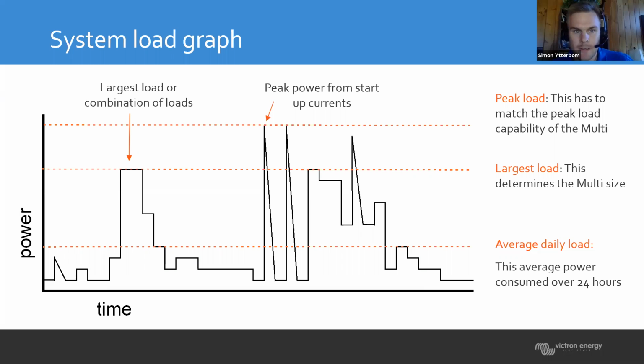The second one would be the combination of what you would consider the largest amount of loads that are going to run continuously. So let's say you want to be able to run your air conditioner, and then you want to be able to turn on a microwave and have all these lights and fridges and everything at the same time. Tally up those loads, and that will determine the size of the inverter. So the continuous loads need to be the same size as the inverter or smaller.